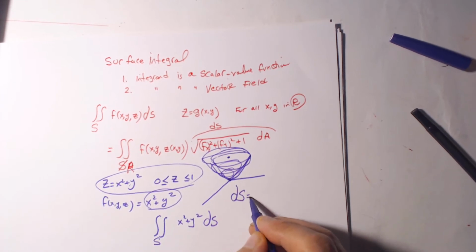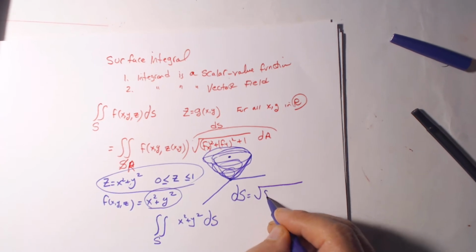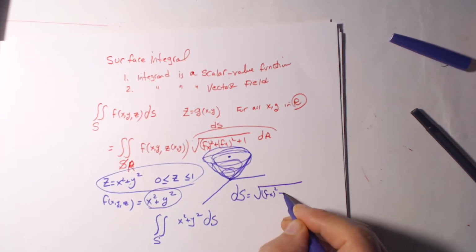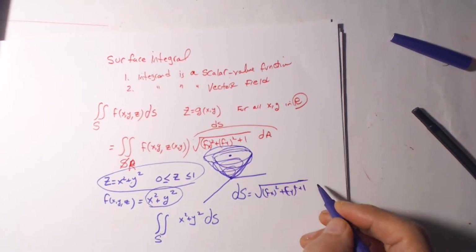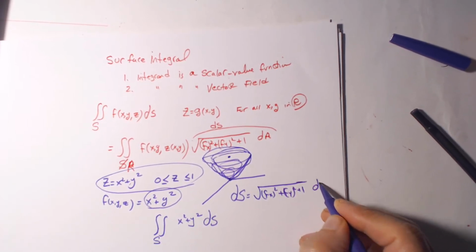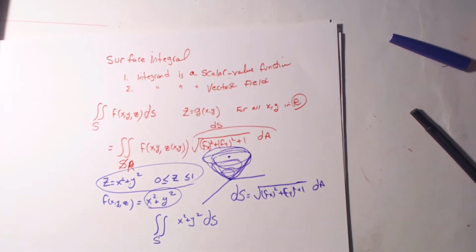Your surface area element is the square root of partial derivative of x squared plus partial derivative of y squared plus 1 dA. Then you sum this up and you get a surface area.